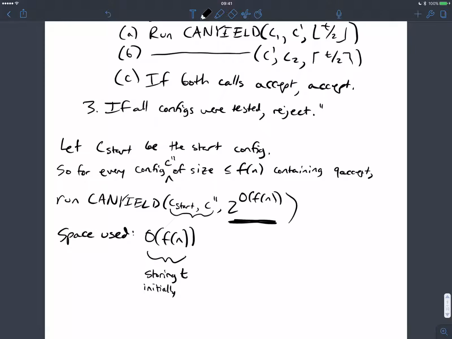Well, what is the log of the total amount of time? The total amount of time is 2 to the O of f of n, and the log of that is constant times f of n. So for the recursive part, I may get an f of n multiplicative factor. So this is for the recursion.